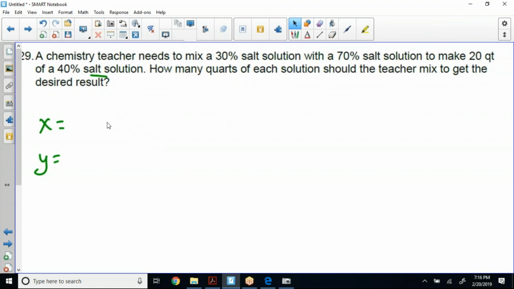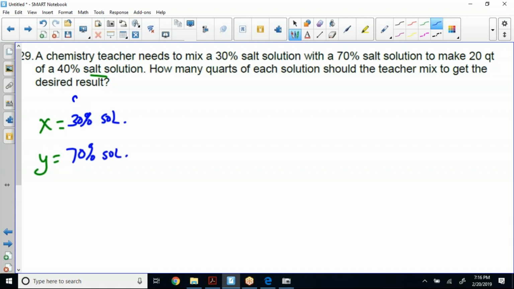How many quarts of each solution should the teacher mix to get the desired? X is the 30% solution, and Y is the 70% solution, and these are amounts.